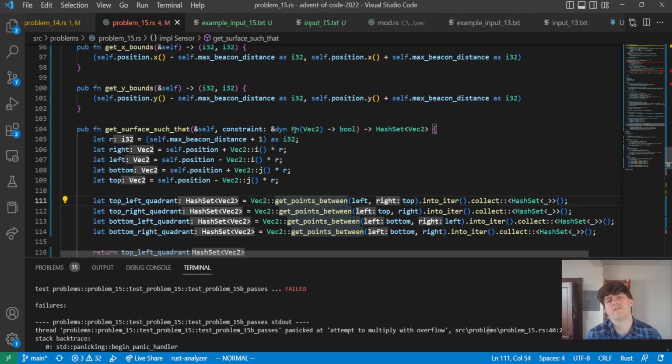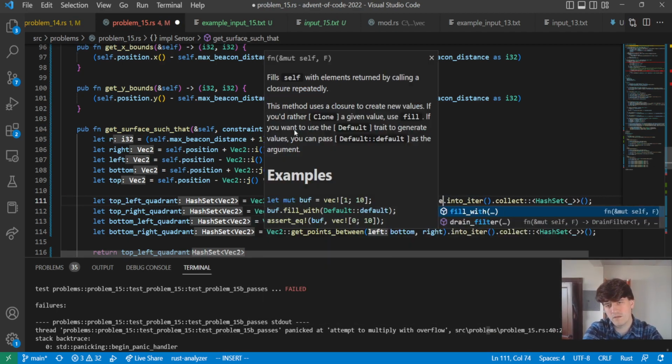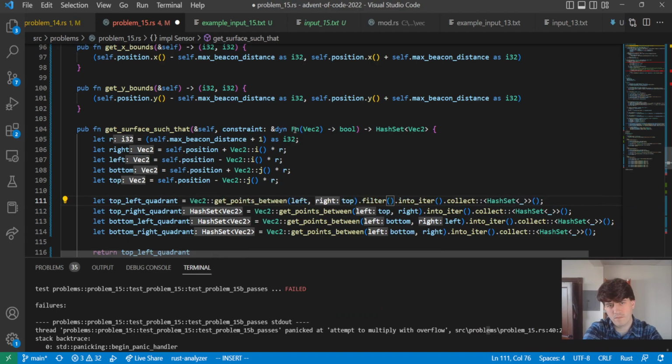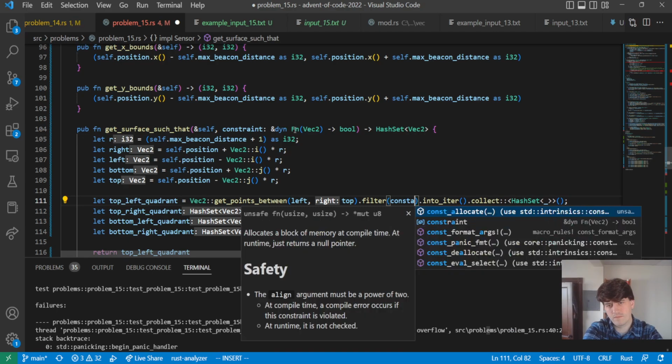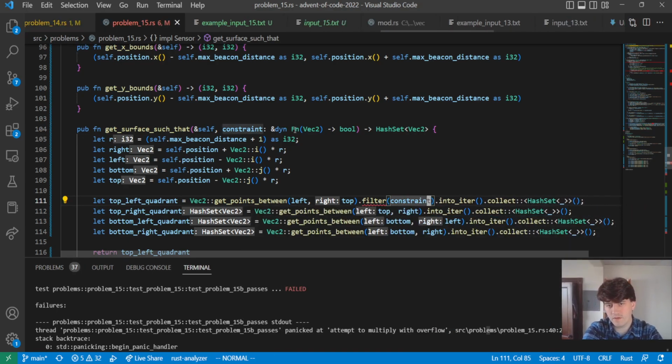Is there any reason to filter during get points between rather than here? Sure there is. It's probably okay. Can I just say this?